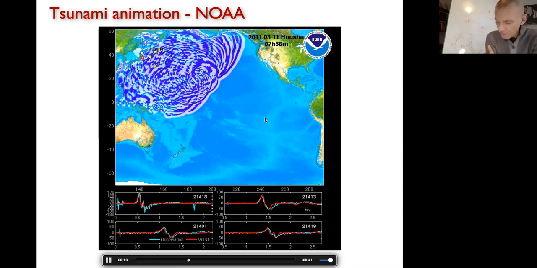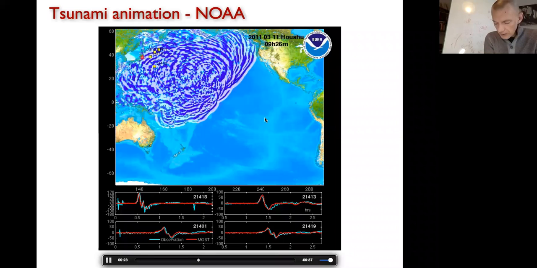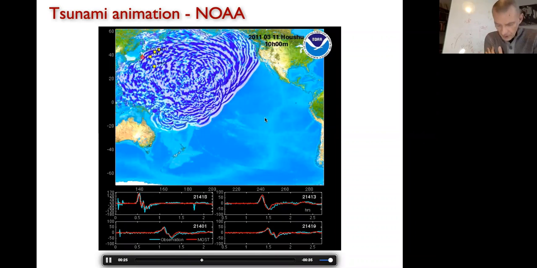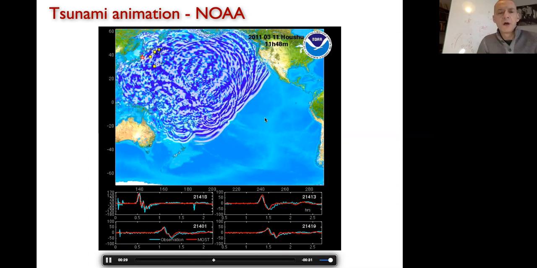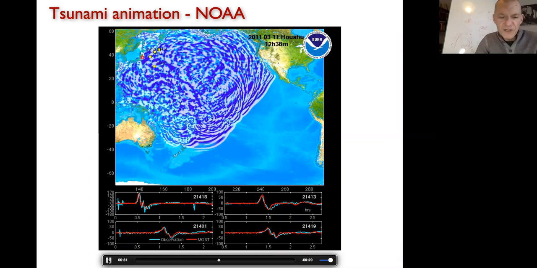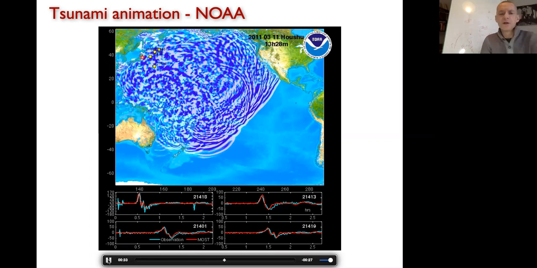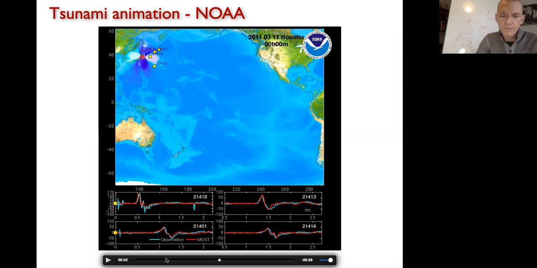Now, this movie here is very important. Why? Because it's telling us some important features of the tsunami physics and hazard. First, let me go back. Now, we have seen, look at the time on the top right, that in 40 minutes, the tsunami waves are reaching the Japanese coasts.